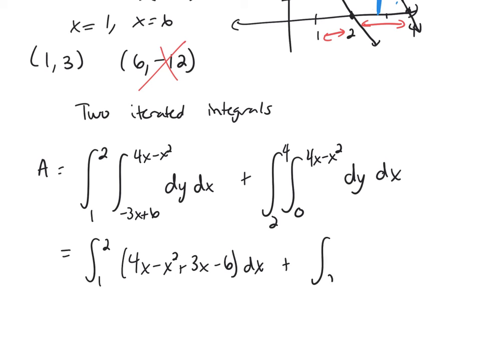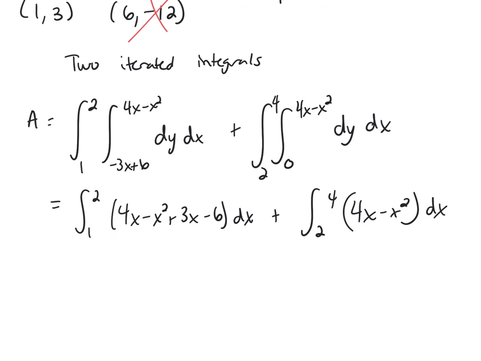And then this will be the integral from 2 to 4 of 4x minus x squared.